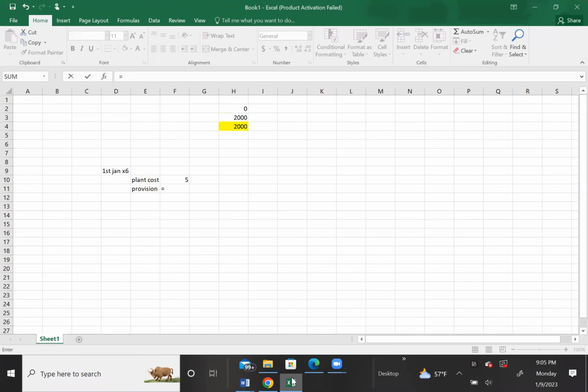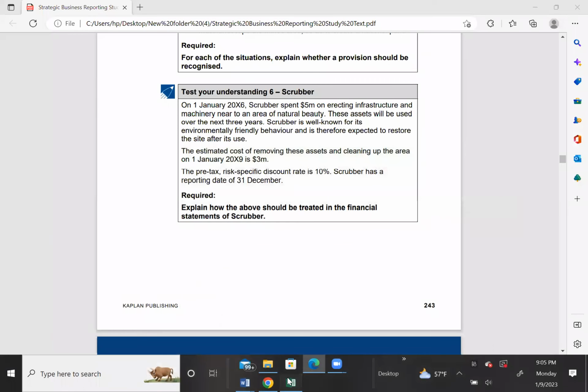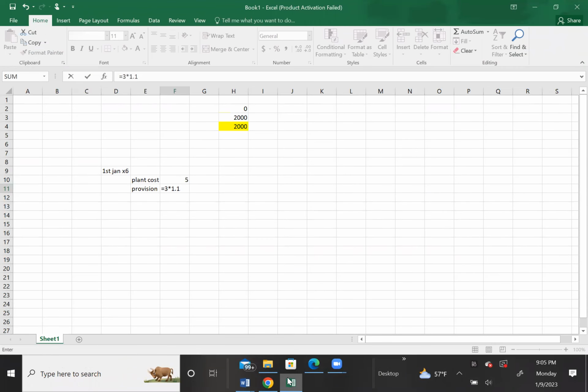So after 3 years, it will involve a cost of 3 million, and the discount rate is 10%. So 1.1 raised to the power minus 3. The present value is 2.25. Yes, 2.25 is the present value.